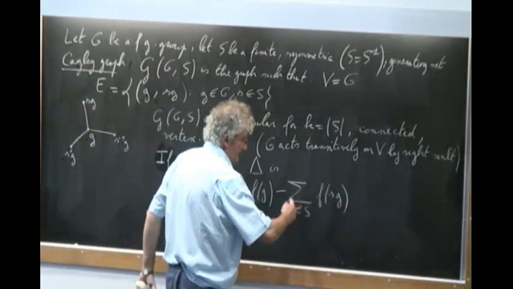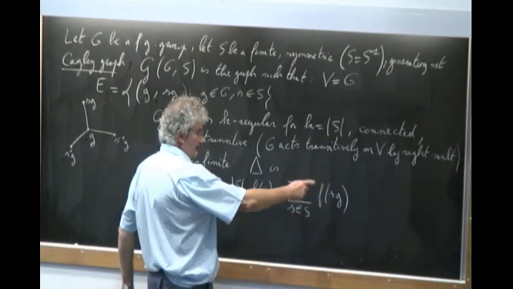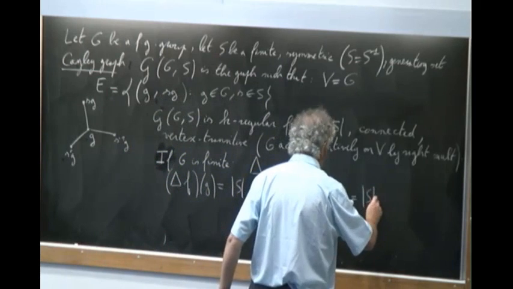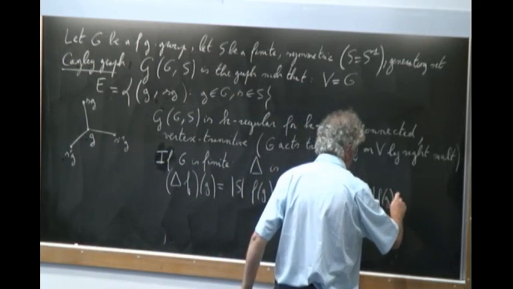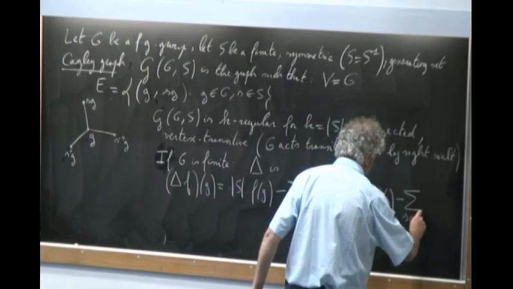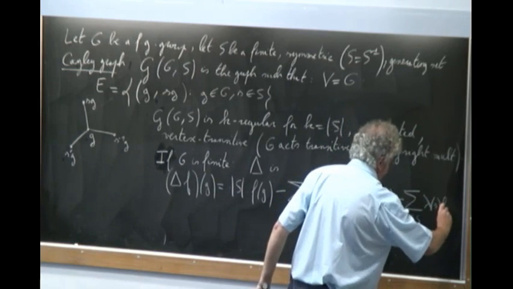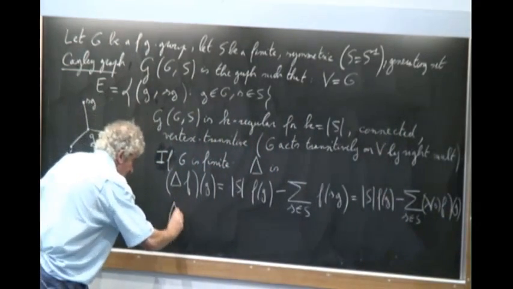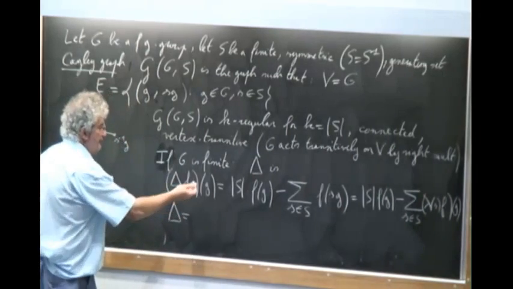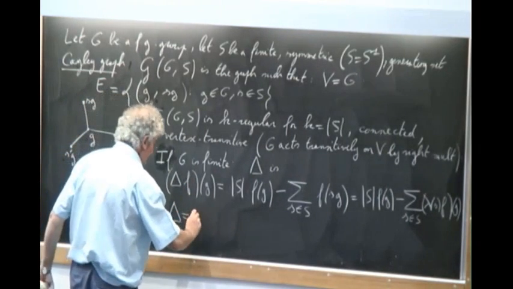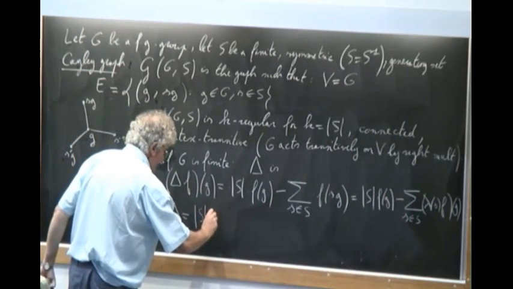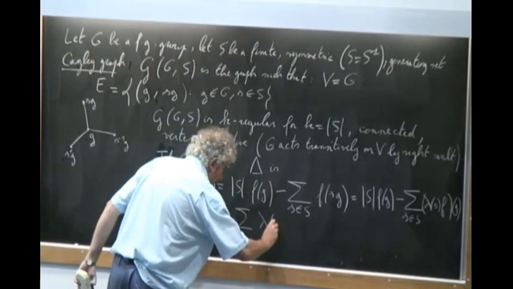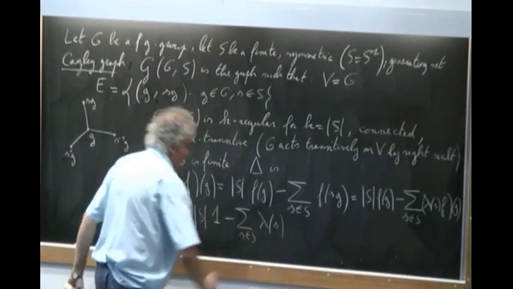But here, we recognize the left regular representation of our group G. So this is the same as the cardinality of S times f of g, minus the sum over s of lambda s f at g. So when you get rid of the function, this formula takes a especially simple form. The Laplace operator is the cardinality of S times the identity minus the sum over the generating set of lambda s.